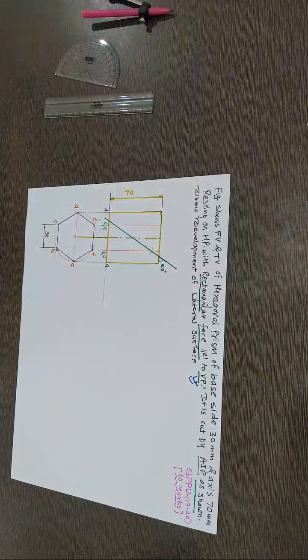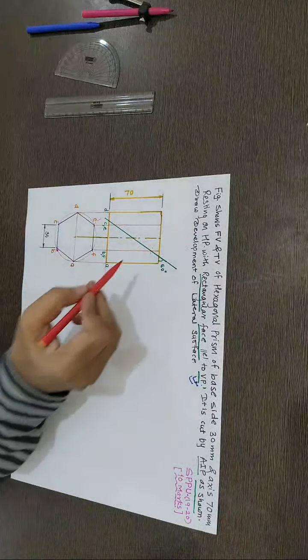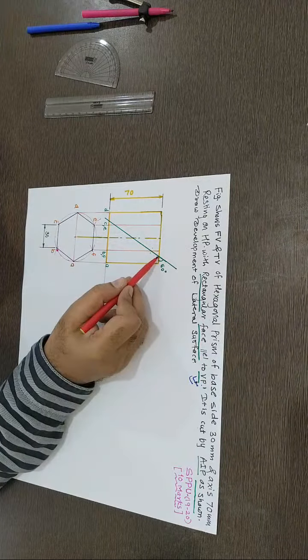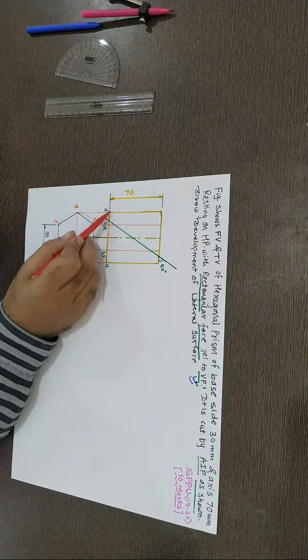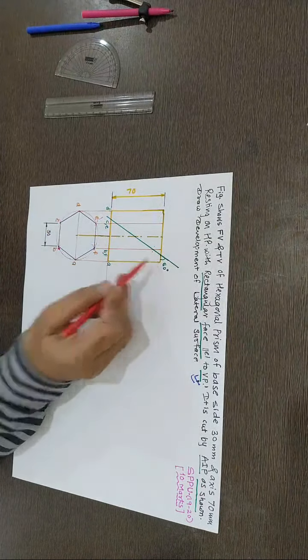If you look at the question, it is a cutting plane. It's cutting the solid as a prism. This edge, this is an additional intersection, and it's not cutting this edge, which we can say is D dash. If you want, you can give any notation as a dash.